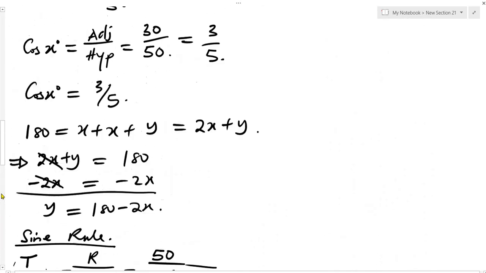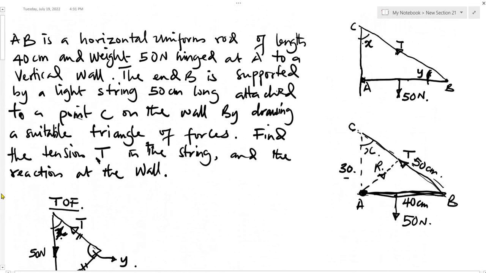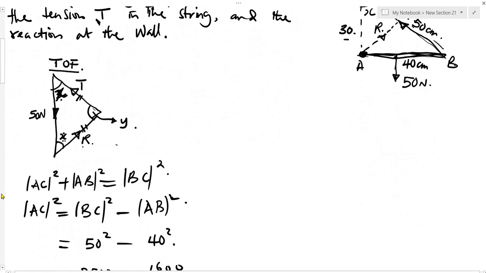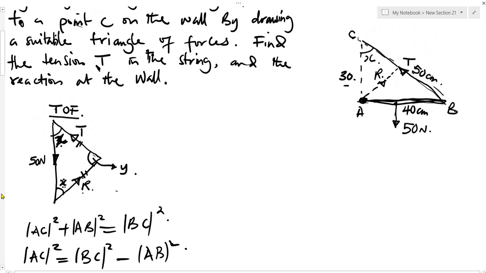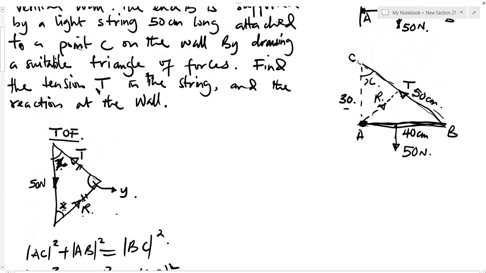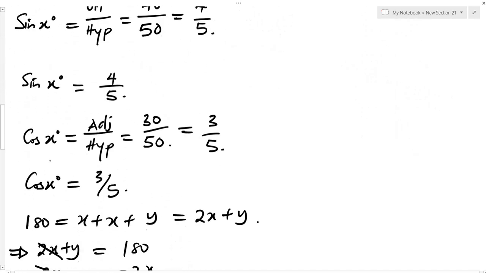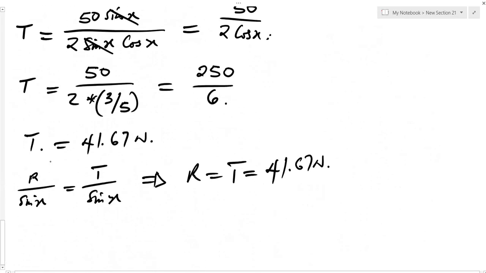So let's find the angle of the reaction at the wall. So the angle of the reaction to the wall is this angle, and it's the same thing as x. So now I will use sine.